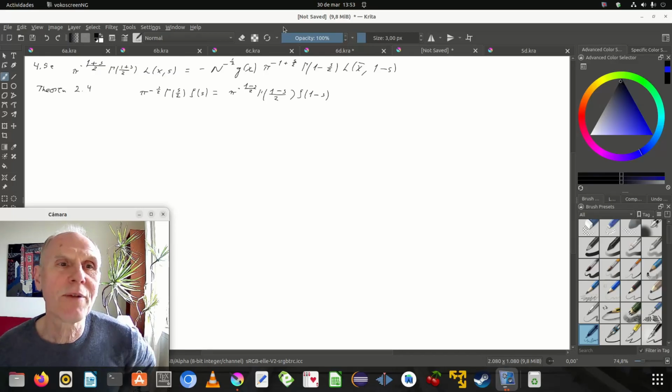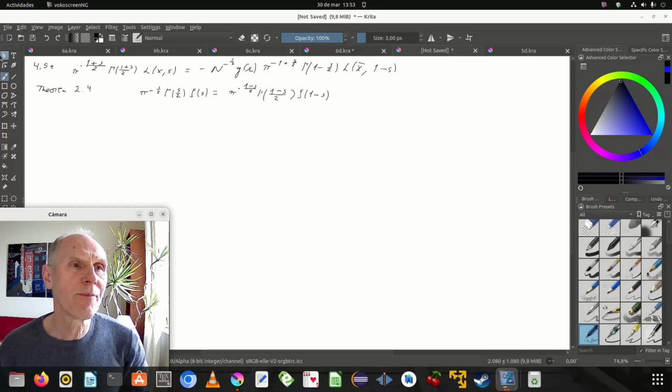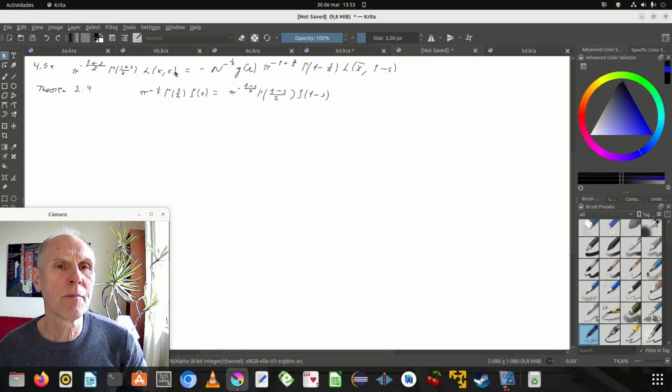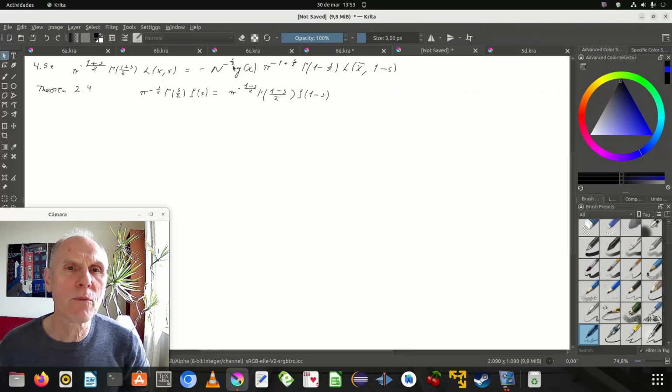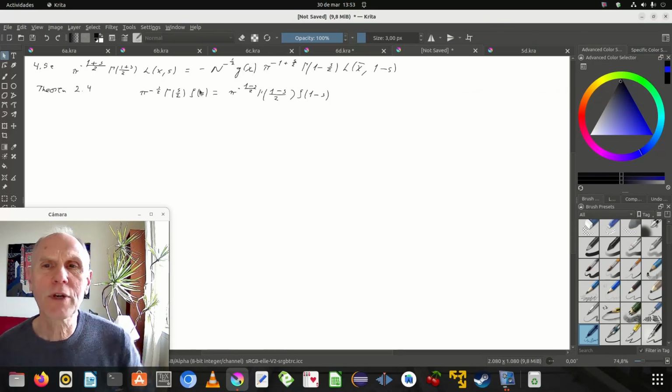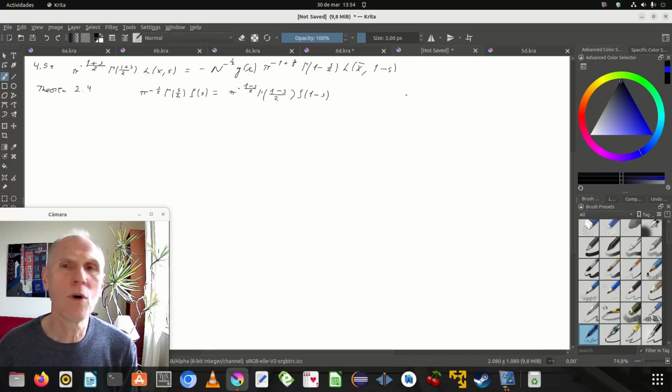I have written the two formulas, and we just need to multiply the left-hand side and right-hand side, and we get the result. We need to compute g of chi. We have done that before.